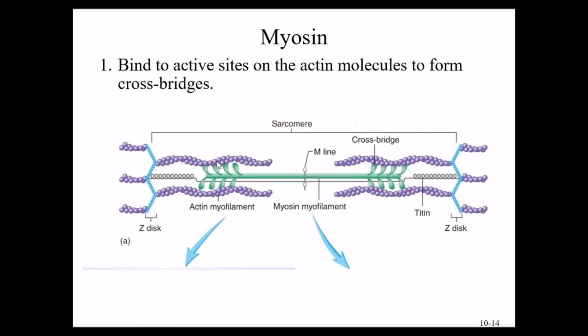And you've got the head portion of the myosin. It kind of looks like a little golf club. The head portion here binds to the actin myofilaments, and it's binding to those individual little subunits that are there, and it forms a cross bridge or a connection between this myosin head region and the actin myofilament.